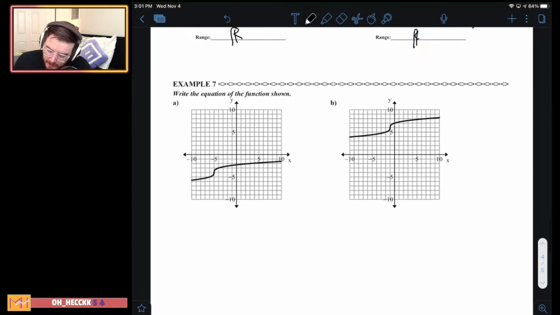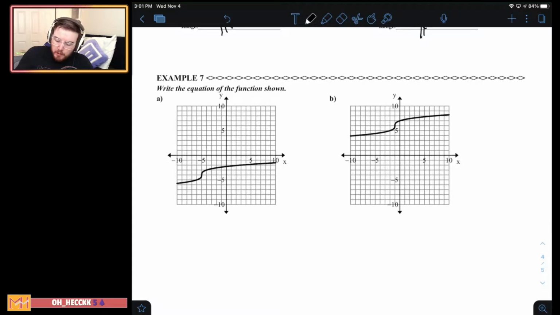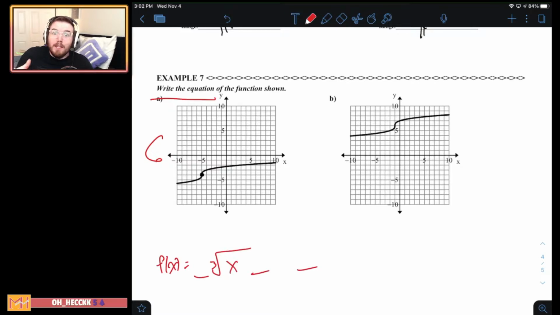And then last but not least, let's come up with our own function. Again, our eyes are focused on that central point to determine the left, right, up, down. So we're writing the equation. We've already been given the graph, so again, we fill in the gaps with the info that we need. So we have a cube root function on our hands.